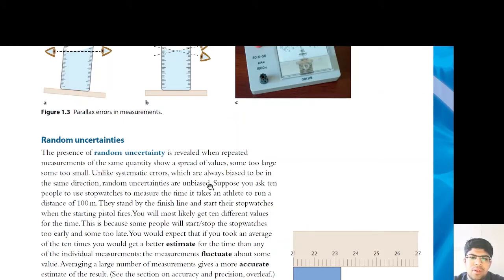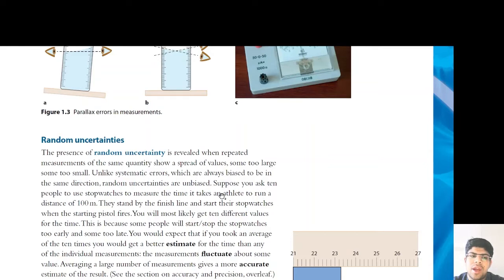Suppose you ask 10 people to use stopwatches to measure the time it takes an athlete to run a distance of 100 meters. You ask them to start their stopwatch and measure the time taken, and tell one of your friends to run.